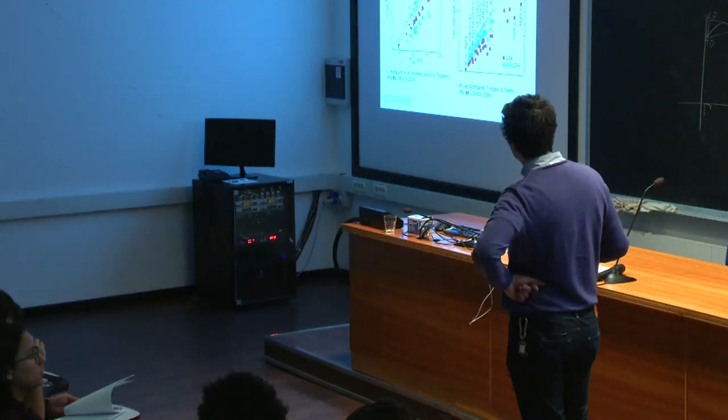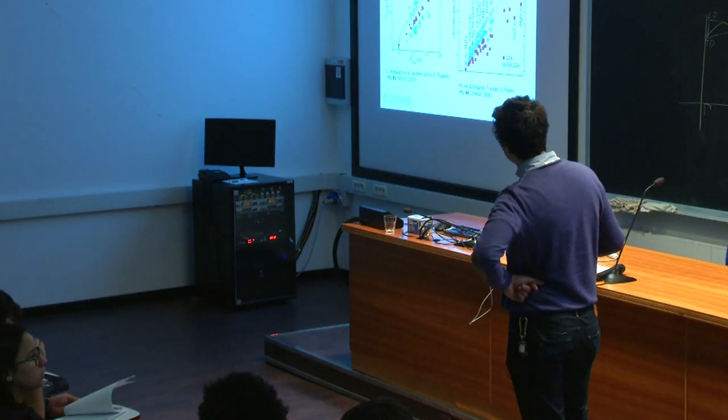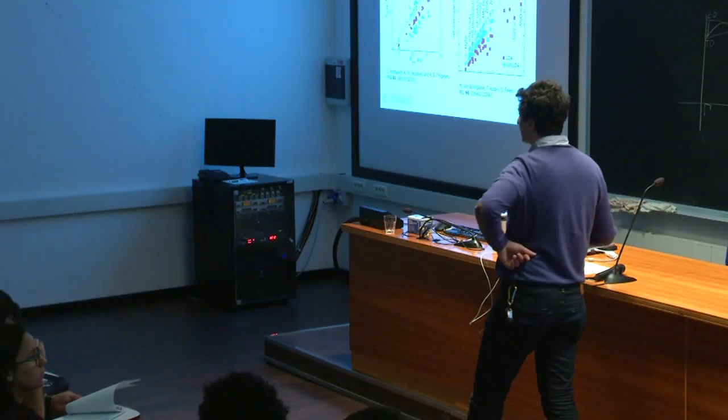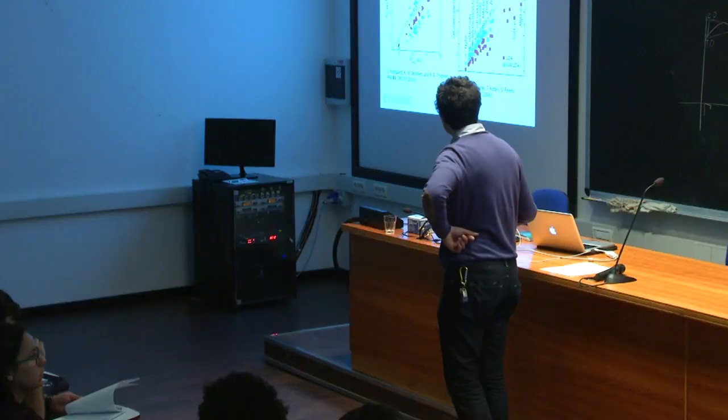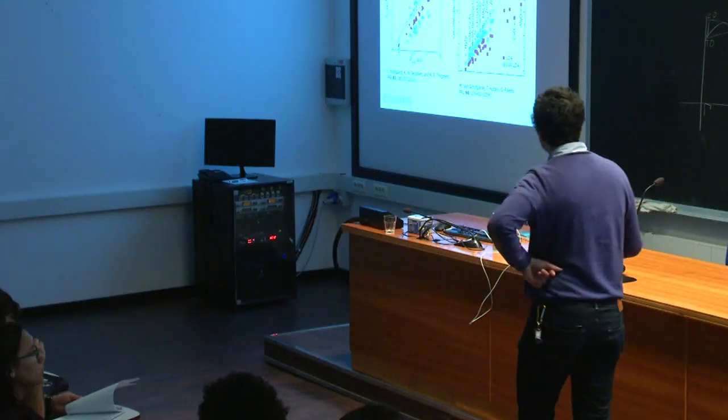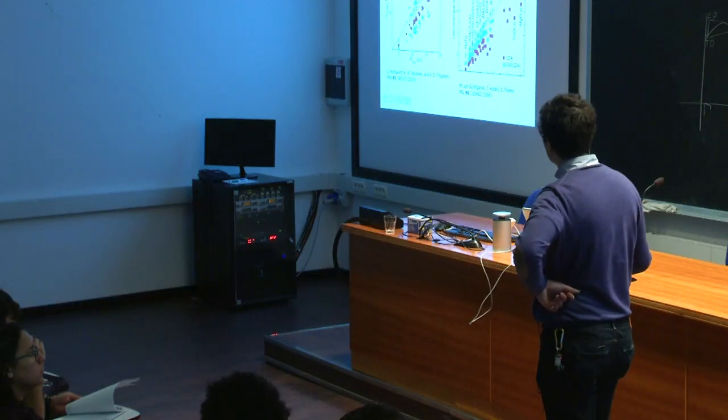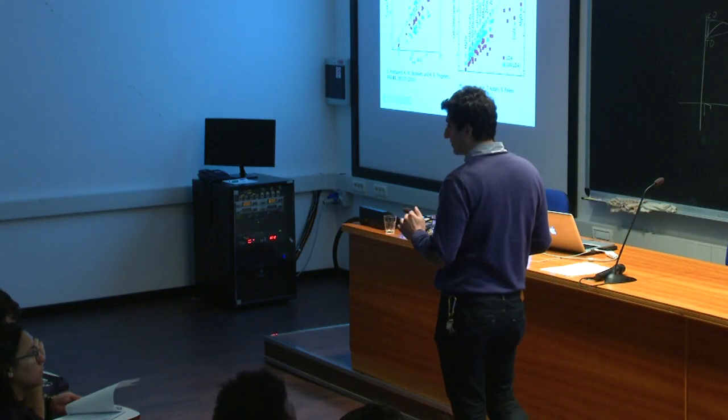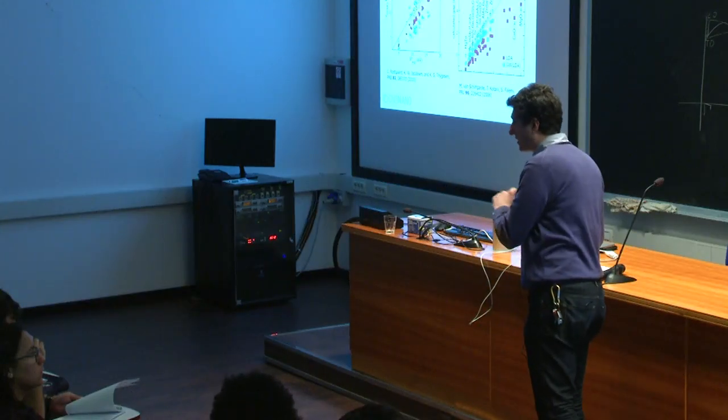Similar things happen for molecules. This is the negative of the HOMO value interpreted as the ionization potential. The level of the GW theory used in these two practical applications is different, and this is going to become clear by the end of the talk.